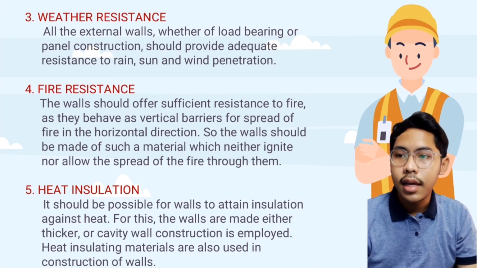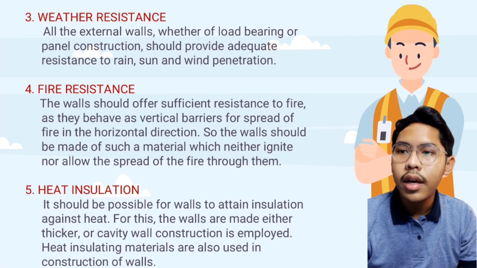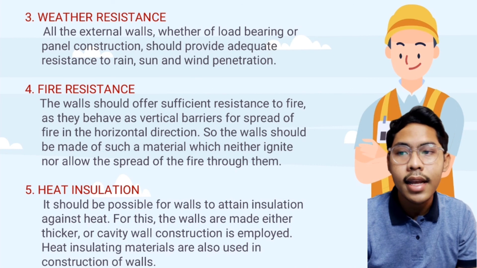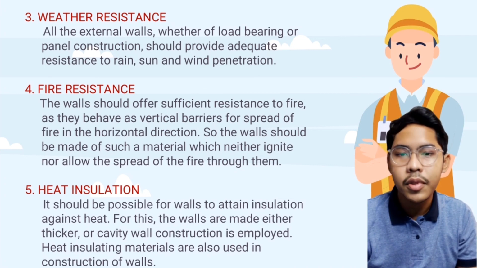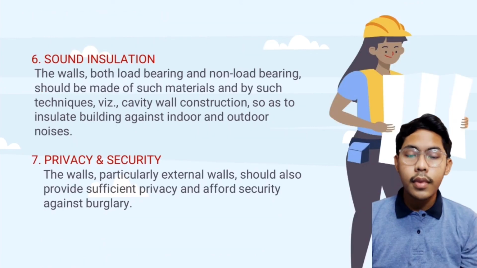Okay, next is number 5, heat insulation. It should be possible for walls to attain insulation against heat. For this, the walls are made either thicker or cavity wall construction is employed, and heat insulating materials are also used in the construction of the wall.